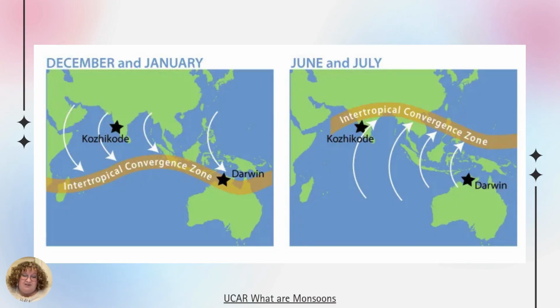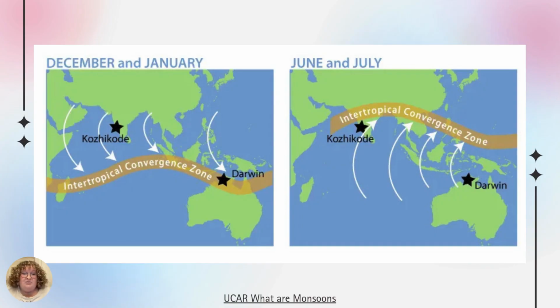And in this example here, we're showing the South Asian monsoons. So monsoons, although typically associated with a rainy season, it's actually just a change in general circulation in a certain region, which means there's a dry season and a wet season. So it's actually the combination of the two that makes it a monsoon.